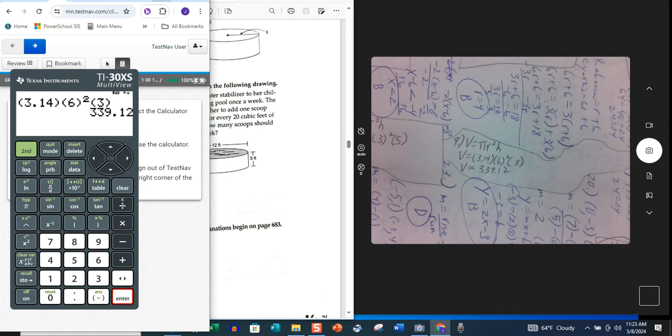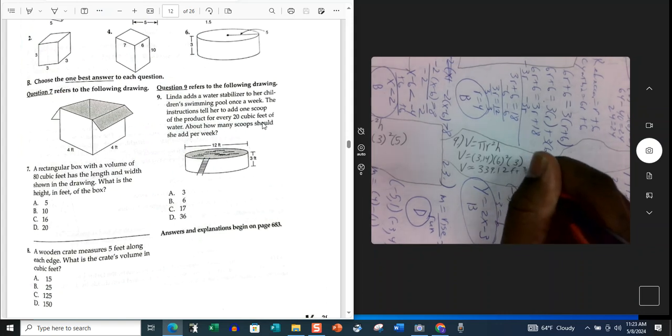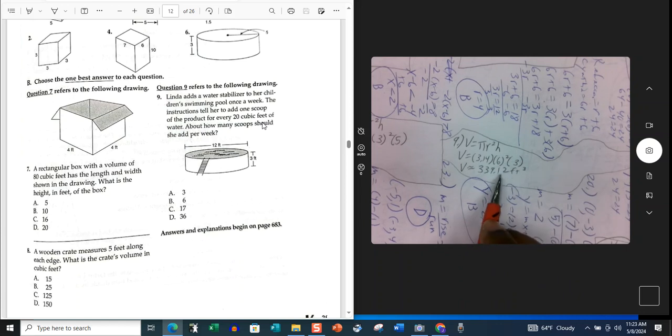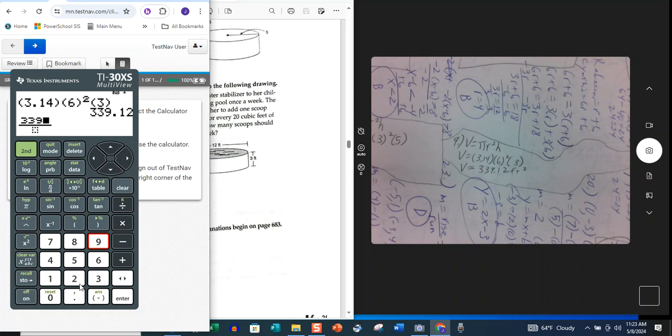Okay, now it says here about how many scoops should she add per week. So for every 20 cubic feet, now remember this is 339.12 cubic feet. So what we would do now is put this in our calculator. We could do the fraction bar, 339.12, down arrow, and we'll type in 20.